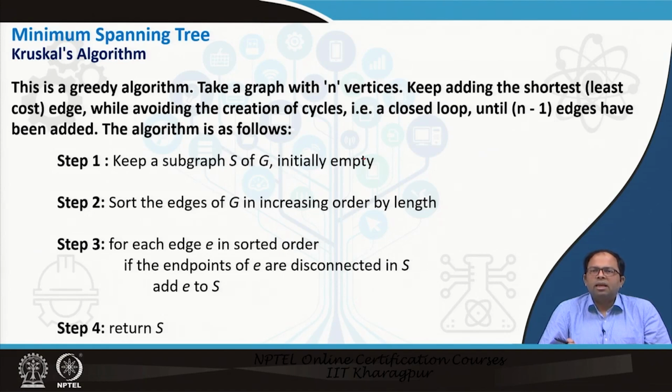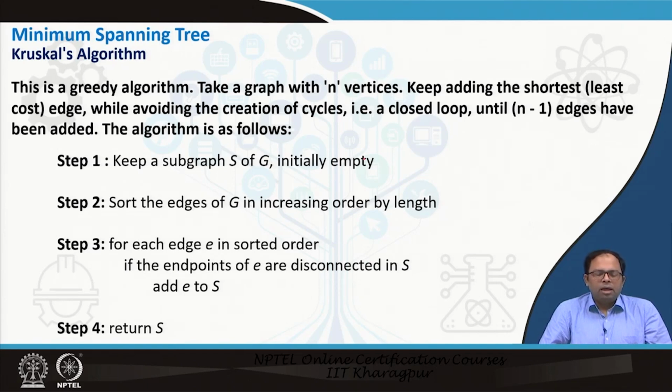So, we will select the least cost edge, and keep on selecting until n minus 1 edges have been added, because there are n nodes. So, there has to be n minus 1 edges to create a minimum spanning tree.